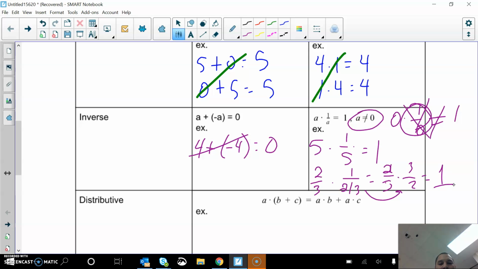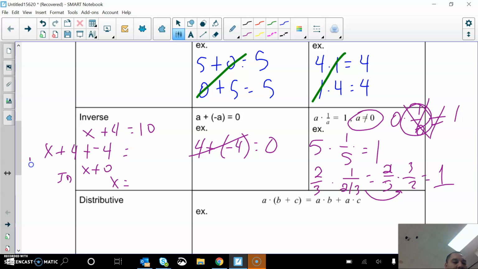All right, so we apply those when solving for x. So for example, real quick, x plus 4 equal to 10. So the goal is to get x by itself. So that's the same thing as x plus 0 per the identity property. 0 is the same thing as 4 plus negative 4 per the inverse property.